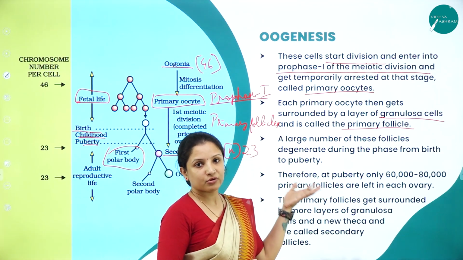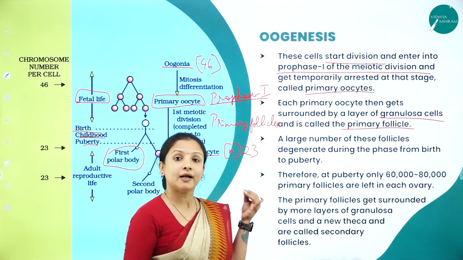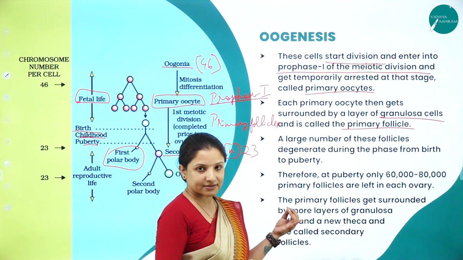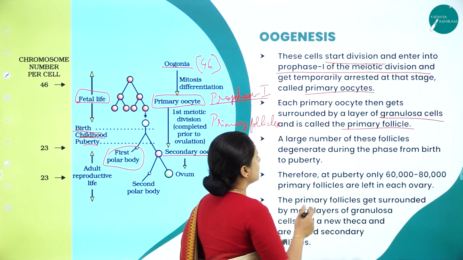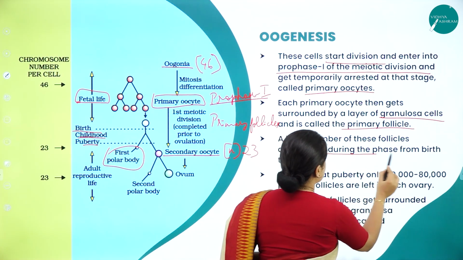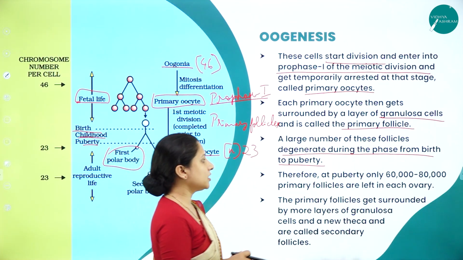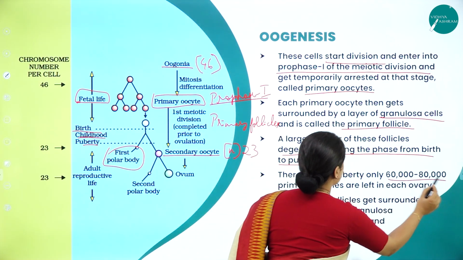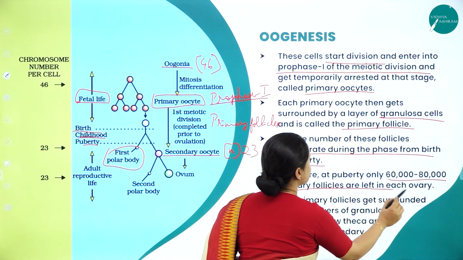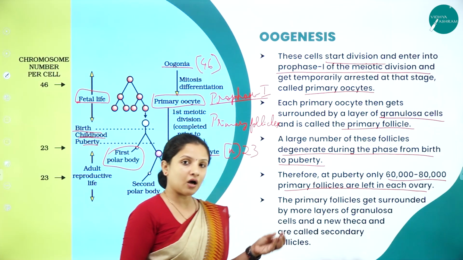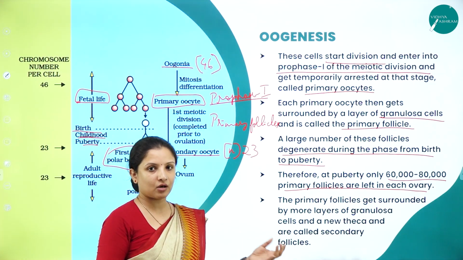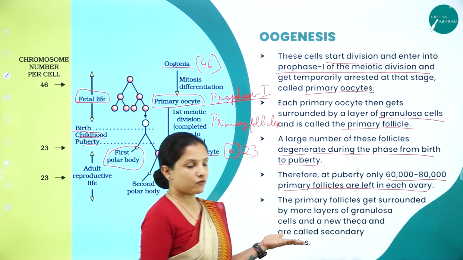Now, a large number of these primary follicles, which are diploid in number, having 46 chromosomes, degenerate during the phases from birth to puberty. So at puberty only 60,000 to 80,000 primary follicles are left in each ovary, and out of these only a few will develop into the ova or the egg.